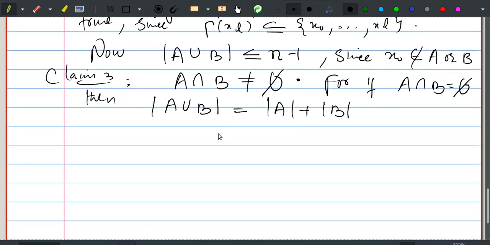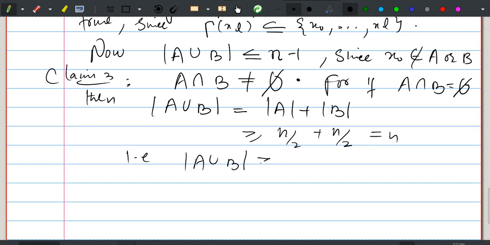But the size of A is bigger or equal to n by 2 plus the size of B is bigger or equal to n by 2, and that is equal to n, i.e. the size of A union B is bigger or equal to n plus 1, and that is not the case, because A and B are both subsets of the vertex set of G. Hence A intersection B is non-empty.